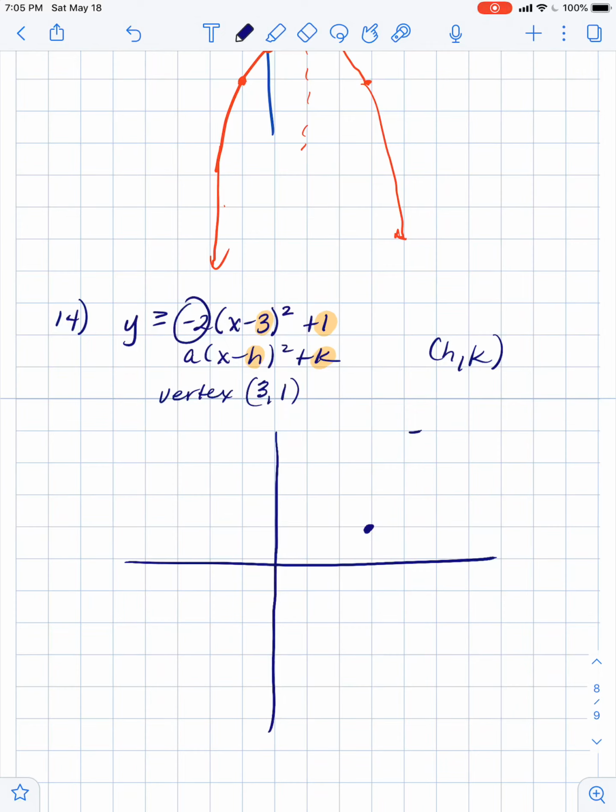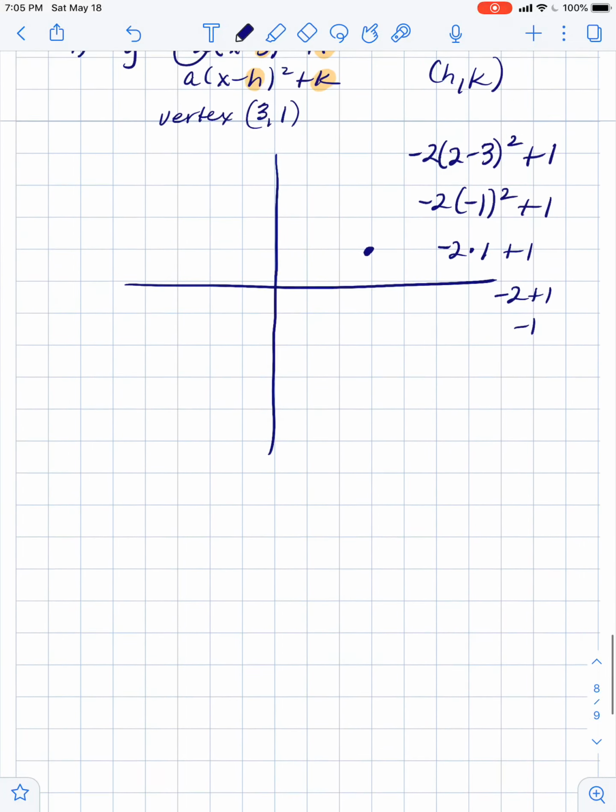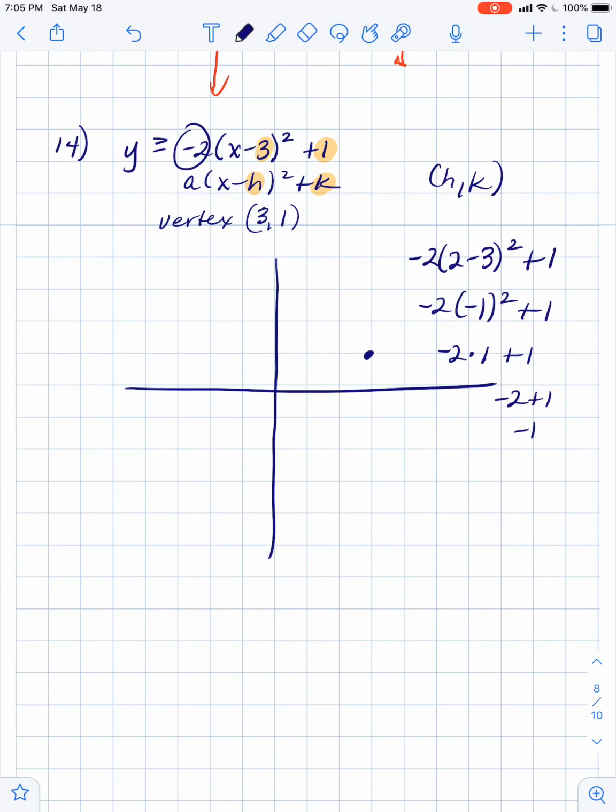So what I need to do is simply put a number in, and I can go on either side here. So I'm going to go with the number 2. That would be 2 minus 3, which is -1, squared, plus 1, which is -2 times 1 plus 1, which would be -2 plus 1, which is -1.